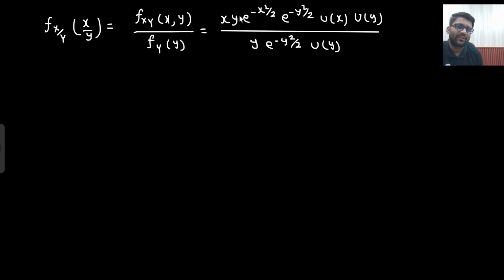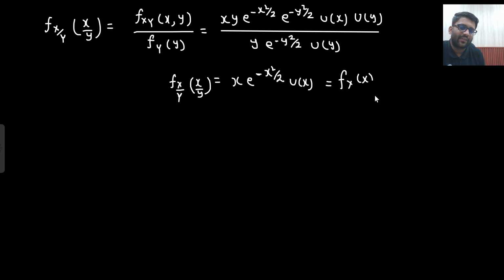So e to the power minus y square by 2 will cancel out, y will cancel out, uy will cancel out. So what is it coming out to be? X e to the power minus x square by 2 ux. This is your fx given y, and it is actually coming out to be equal to fx of x.